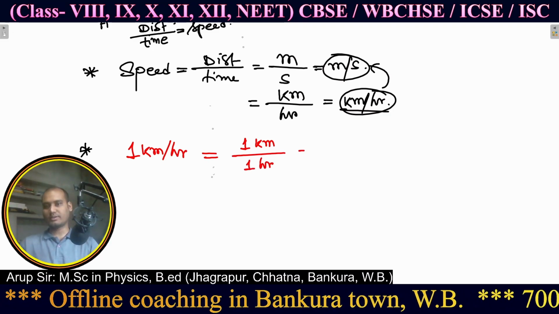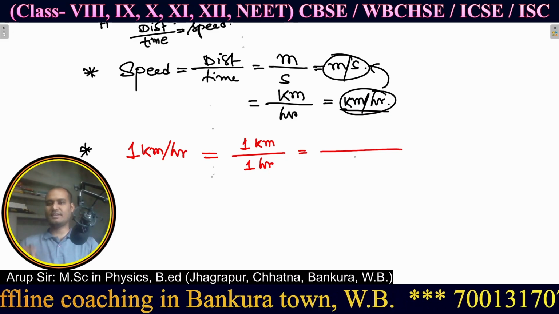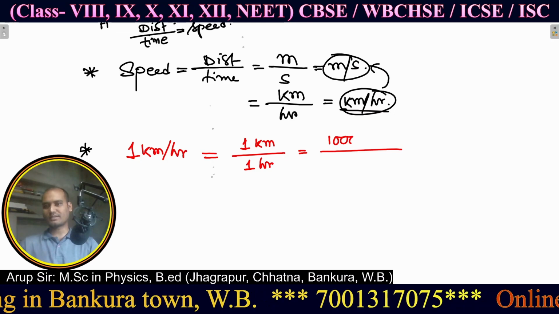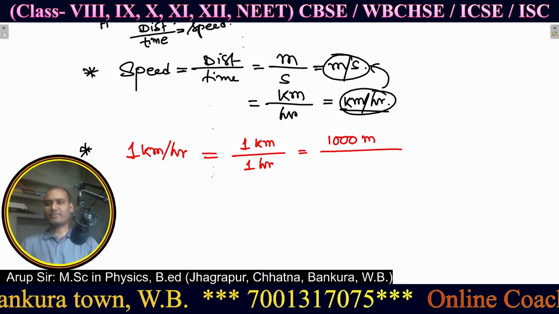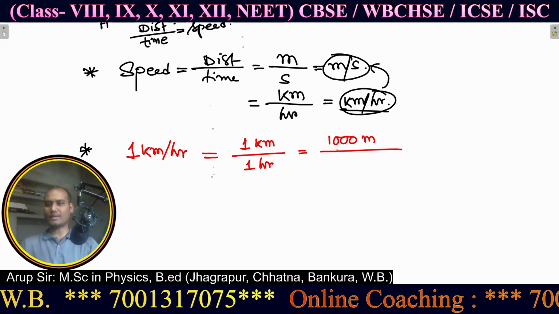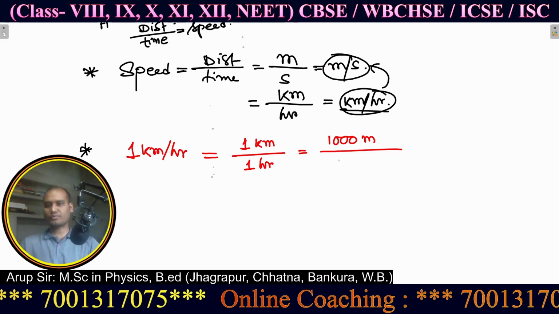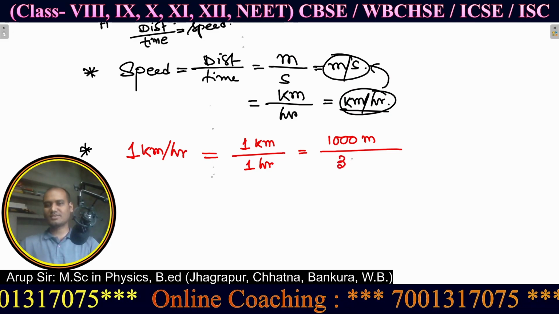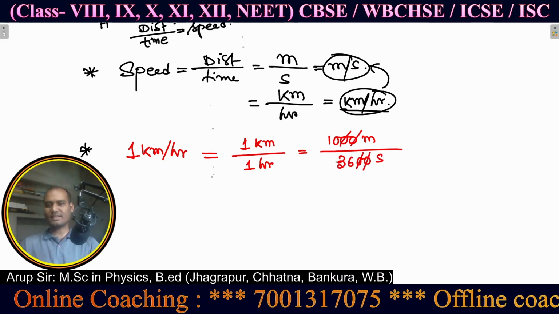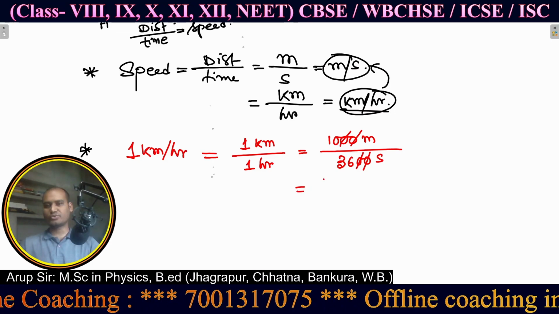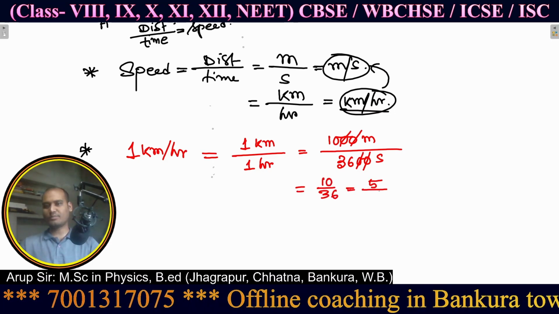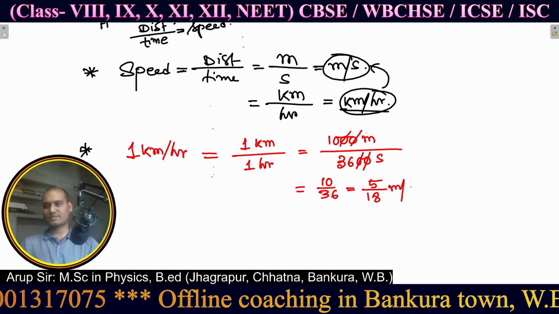We have to convert this into meter per second. 1 kilometer means 1000 meter, divided by how much second? 1 hour is 3600 seconds. So 1000 meter divided by 3600 second. We can cancel 2 zeros and cut it by 2. So 10 by 36, cut by 2, we get 5 by 18 meter per second.